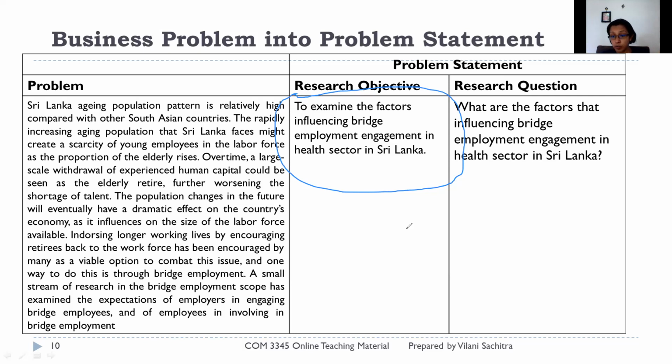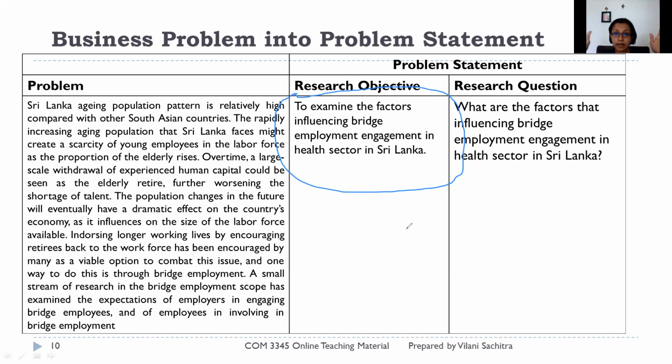We have to spend a lot of money again. So that's what we need to see from this research problem. Now it gets into the management problem, right? That management problem, you now convert into your research purpose. Okay, understand? This is the way you need to do it.